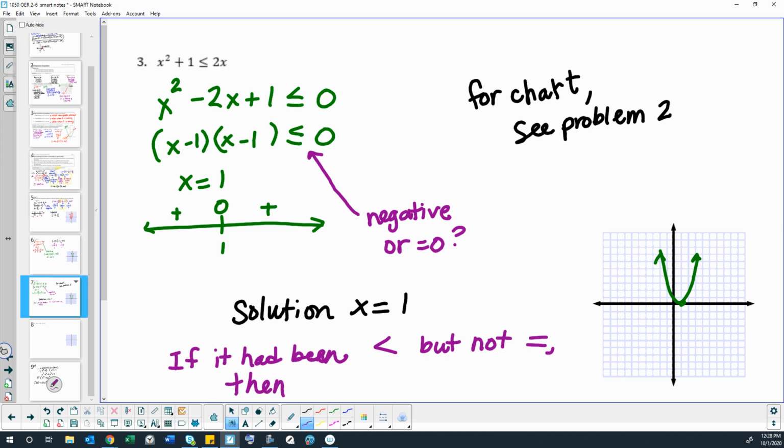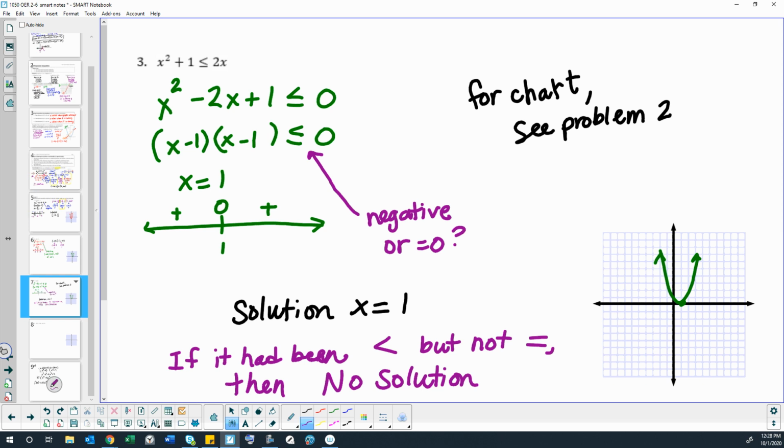If there's nothing that fits it, then what does that mean? That means there's no solution, or that means that the set of solutions is empty.